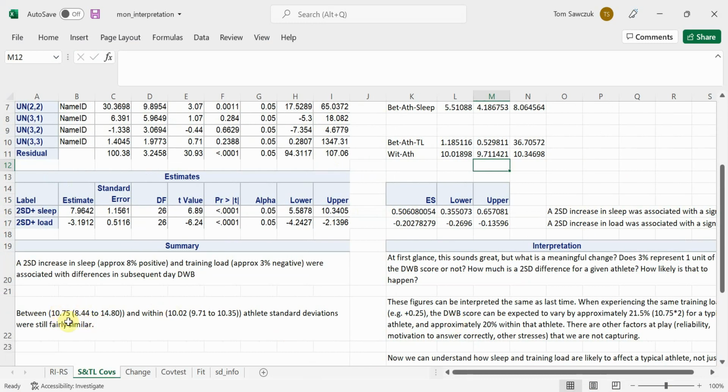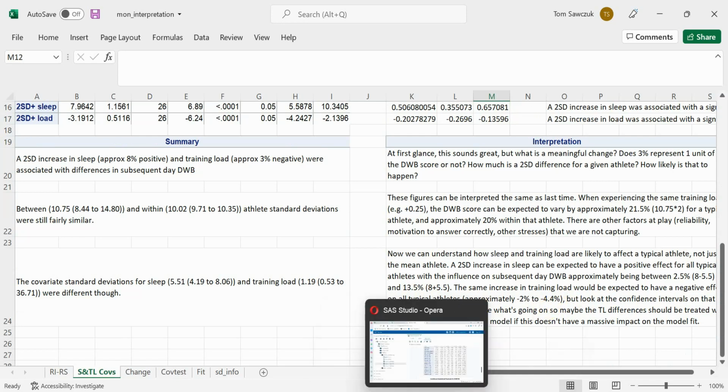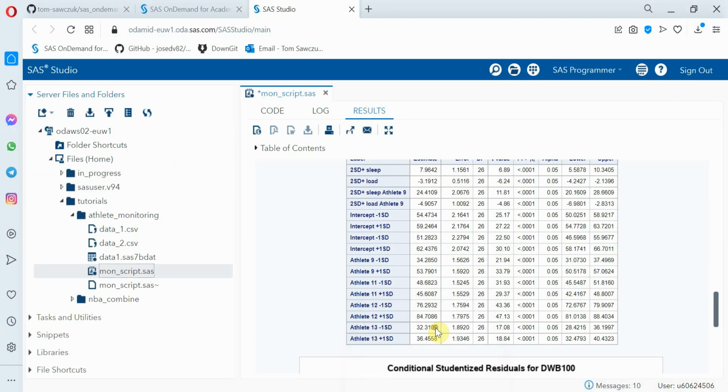We can see that adding 10.75 to the mean, adding 5.5 to the mean sleep is 13.5, so they respond really highly to sleep. And -4.4 is the worst estimate for training load, and they're above that, so they respond highly to both measures as they increase.